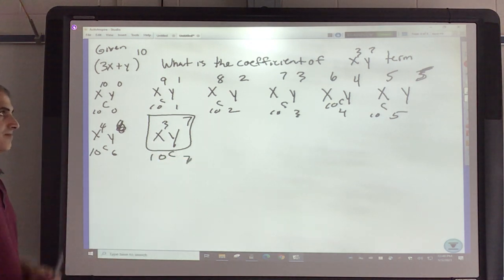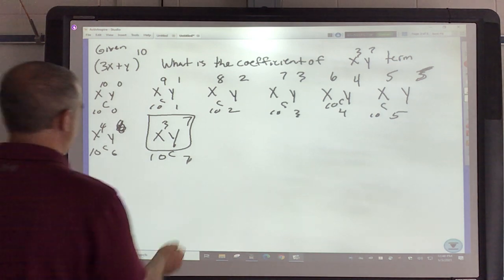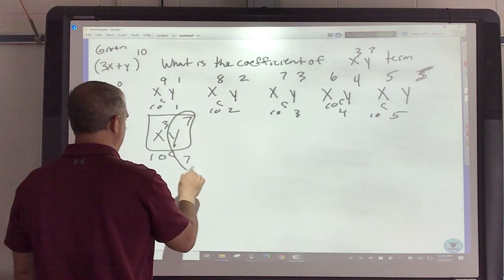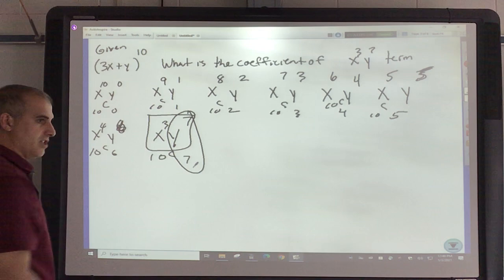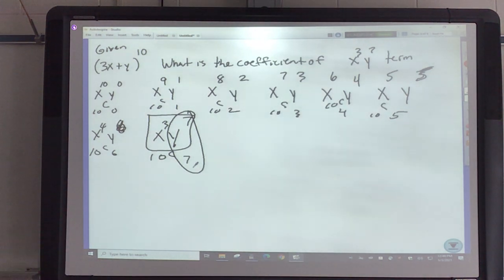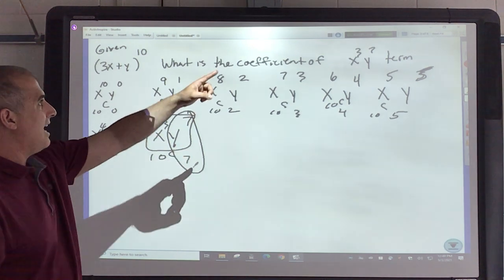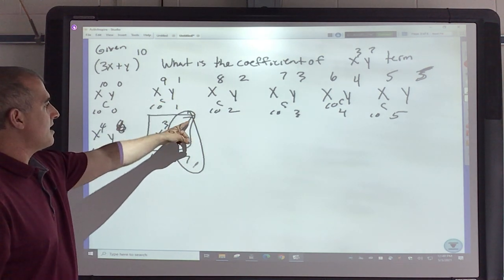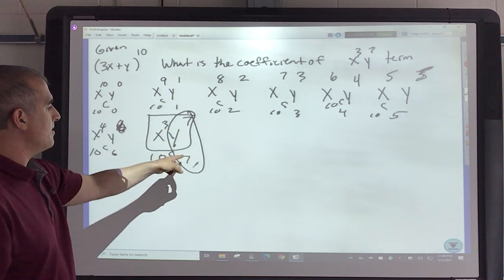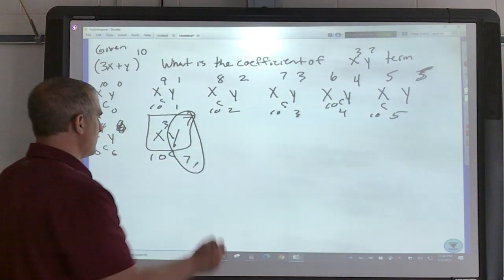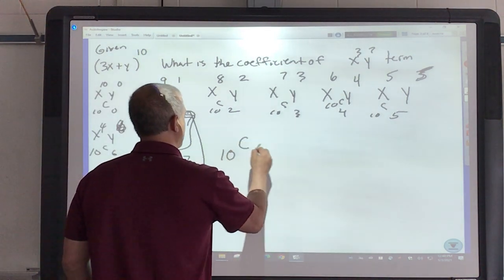Okay, now, one little thing you might notice, and this might help you in the future problems. Whatever the exponent is of the second is what the choose number is for that. So if I'm trying to find the y7, that one to the 7th power, then I'm going to be at 10 choose 7.